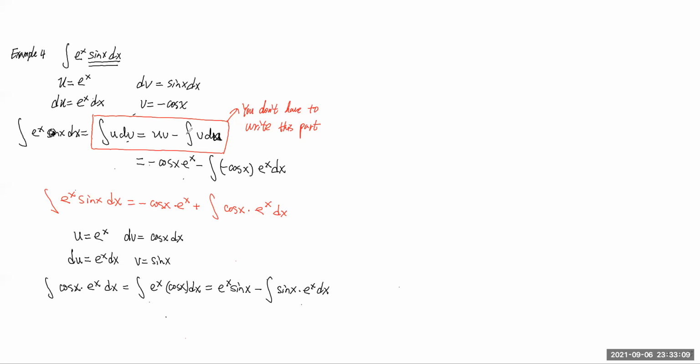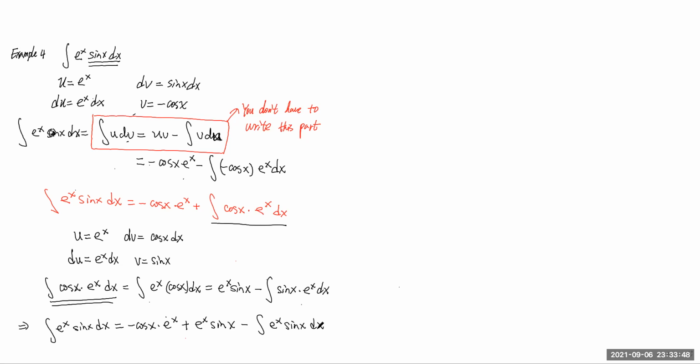And then magic happens. So we connect these terms together, so we will get the integral of e^x sine x dx equals cosine x e^x plus e^x sine x minus the integral of e^x sine x dx.